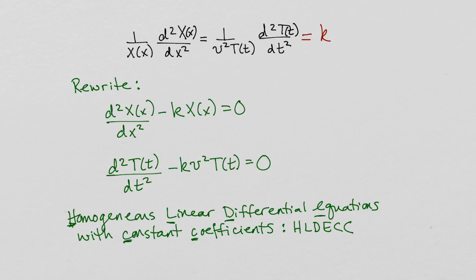Okay, so whenever you can recognize this form, then you're going to be able to use the general solution that we have for this HLDECC. Okay, so for those of you who aren't familiar, these two differential equations are homogeneous because everything to the right of the equal sign is 0. So we've kind of manufactured that part of our equation there.